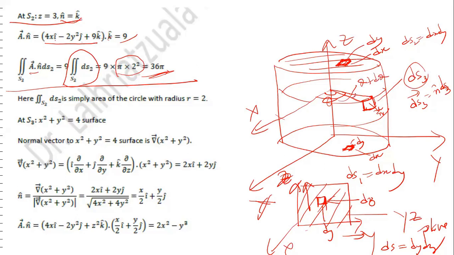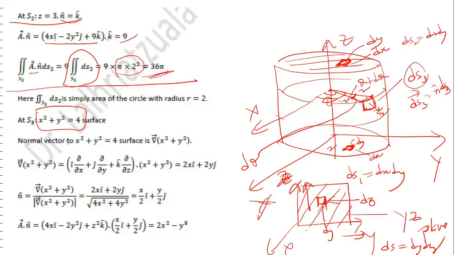That means the angle here will be d theta. I hope you can understand that. And what is the radius of this circle? It is 2, right? We have considered x squared plus y squared equal to 4. So the radius of this circle is 2, from here to here it is 2, from here to here it is 2.